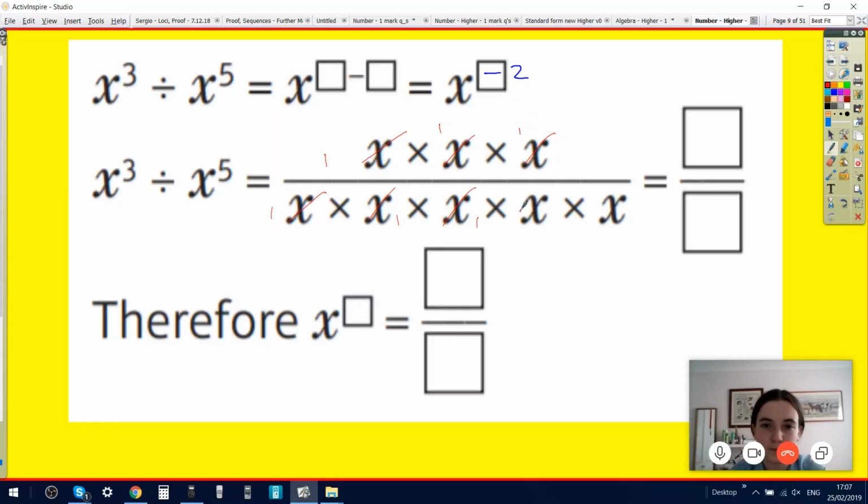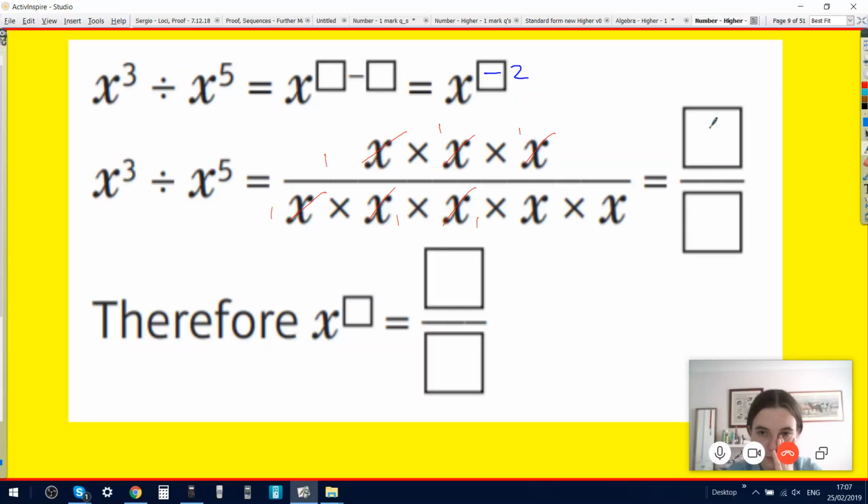1. So cancelling down is just a quick way of doing dividing. What's left is 1 over 1, 1 over 1, 1 over 1. What is 1 times 1 times 1? 1. So on the top is 1, not 0. What remains on the bottom? 2, to what?